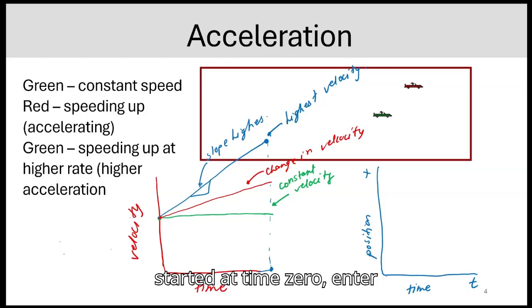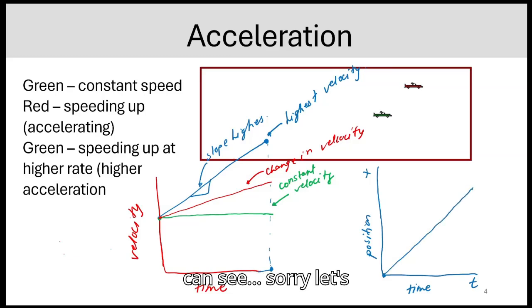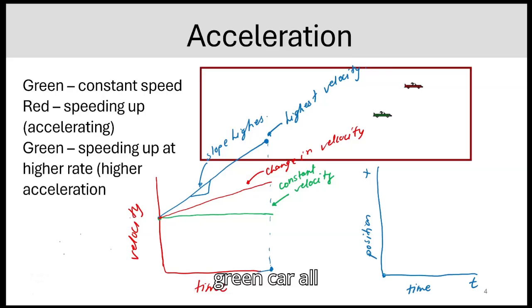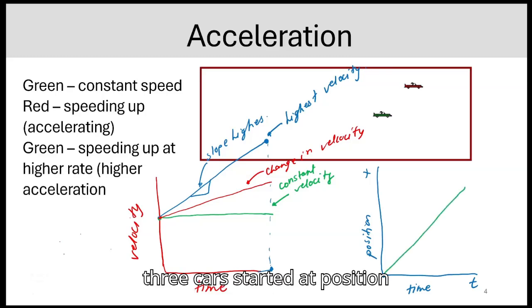It started at time 0 and position 0. Let's use the proper color. So the green car: all three cars started at position 0 and time 0 as well, and the green car is at a constant velocity.